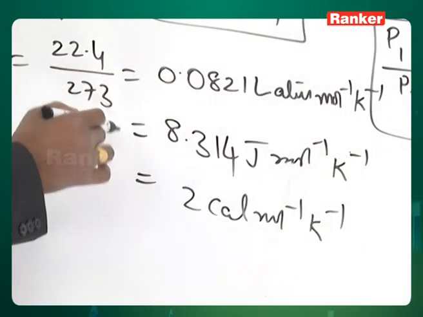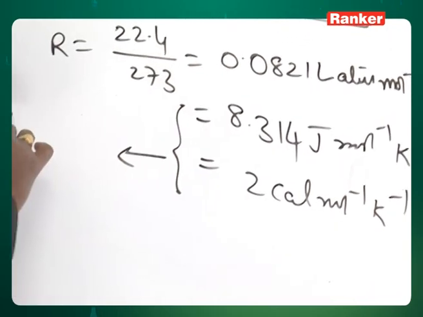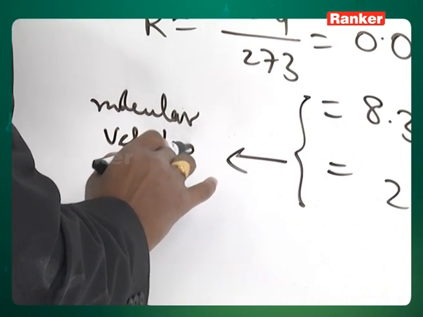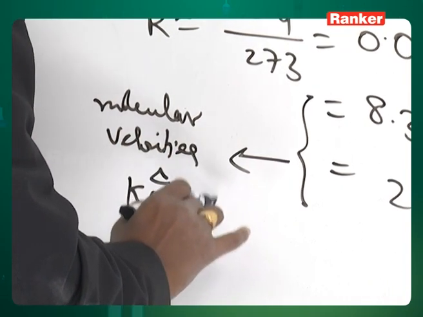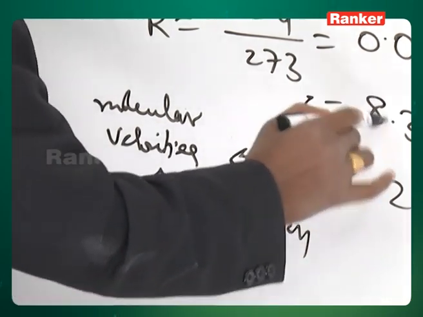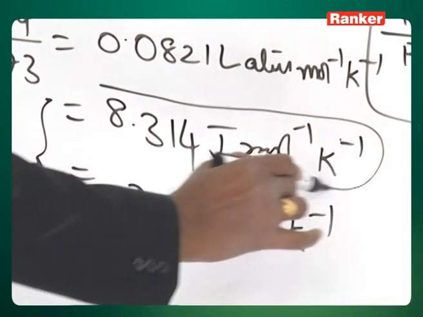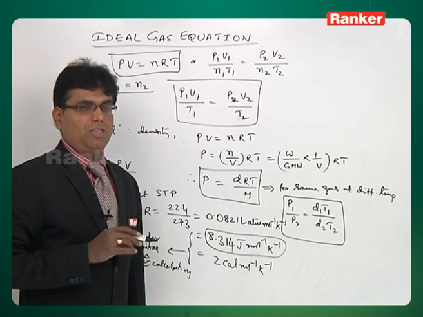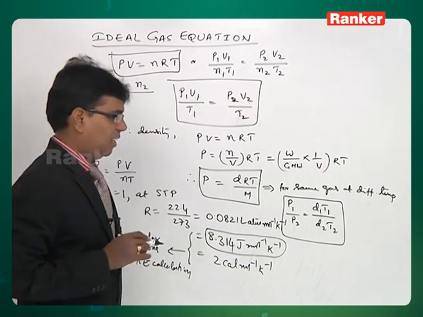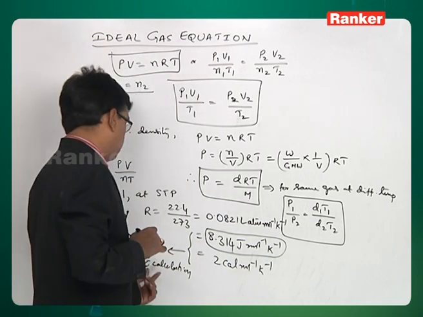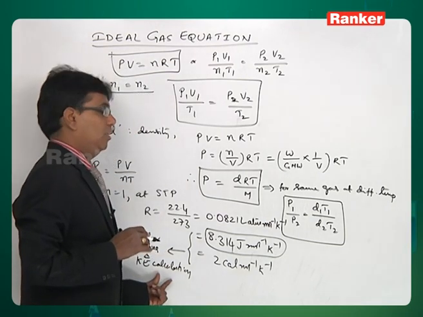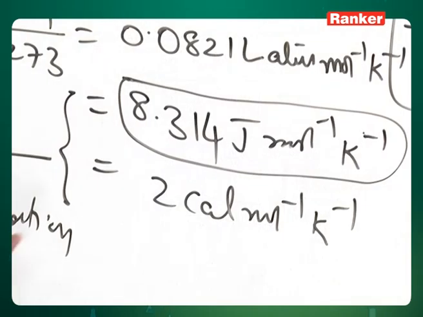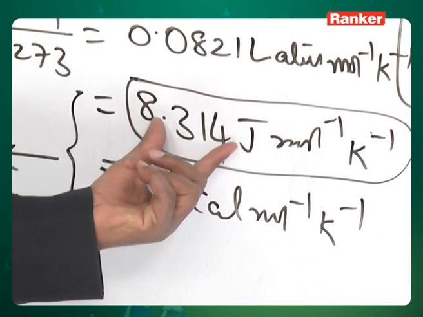So, these two values you can take for molecular velocities and kinetic energy calculations, and 8.314 is the most preferred one, but of course that depends on what units the parameter is given or asked, right. If the kinetic energy is asked in calories, then take the R value in calories. If the kinetic energy is asked in joule, then take this value, right.